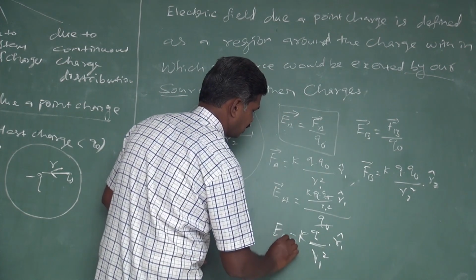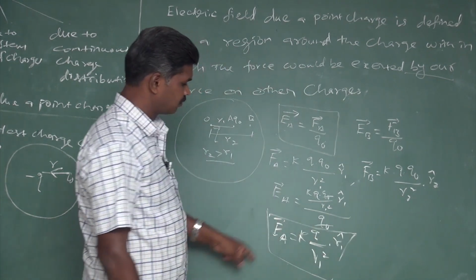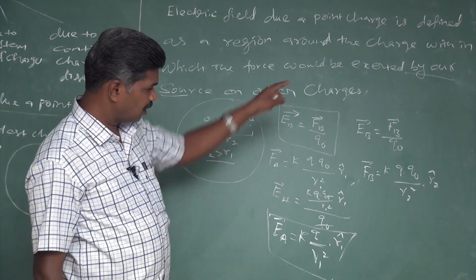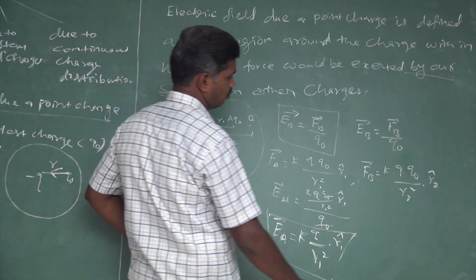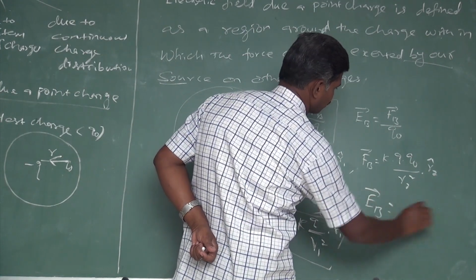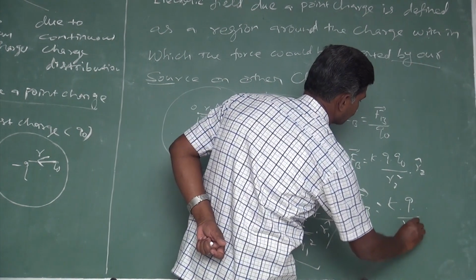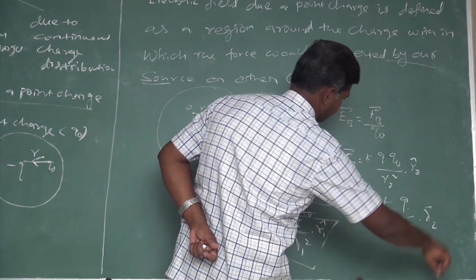That is the field at point A. Similarly, at point B the field is EB vector equal to K Q divided by R2 squared into R2 cap.